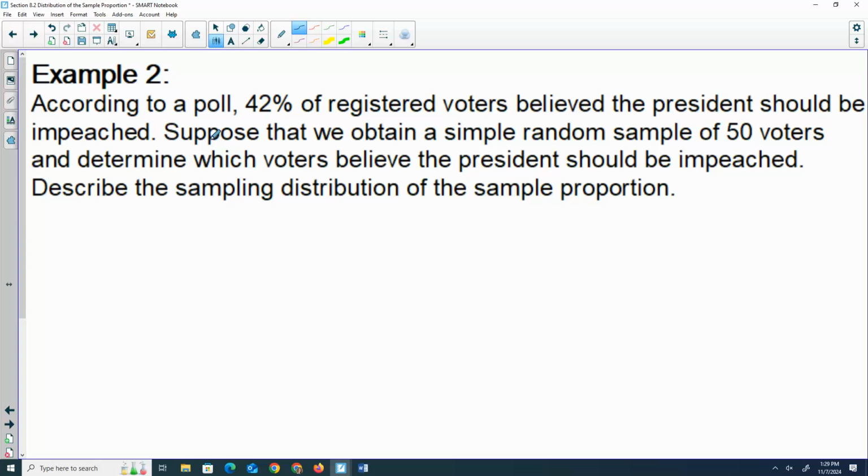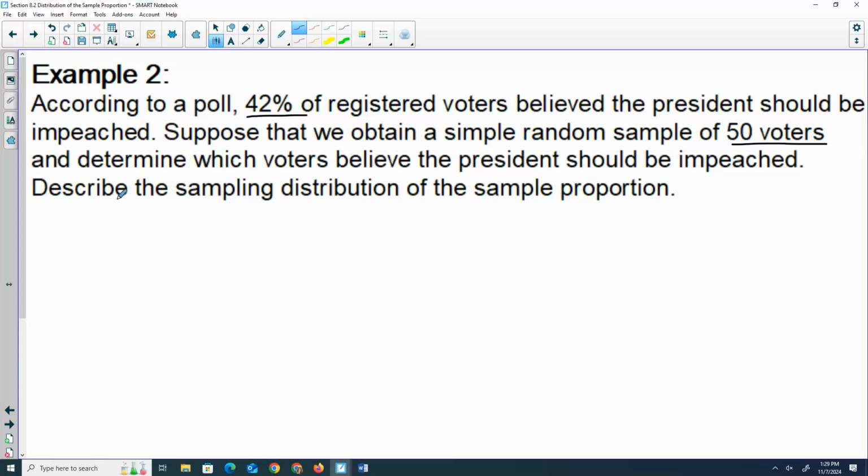All right, so let's look at this example. According to a poll, 42% of registered voters believe the president should be impeached. Suppose that we obtain a simple random sample of 50 voters and determine which voters believe the president should be impeached. Describe the sampling distribution of the sample proportion.